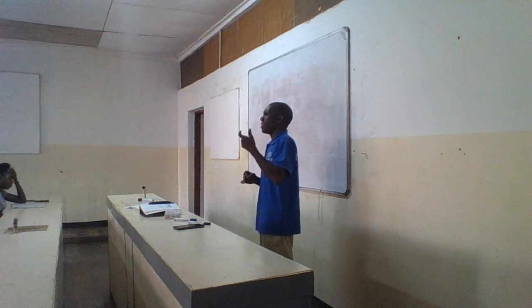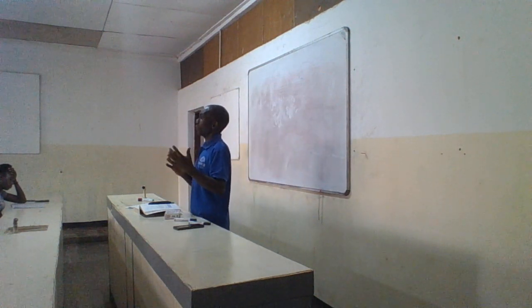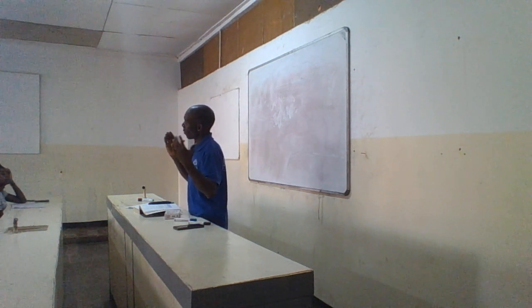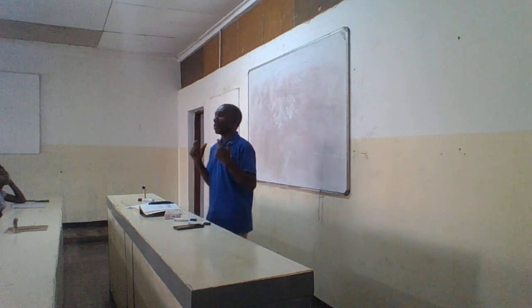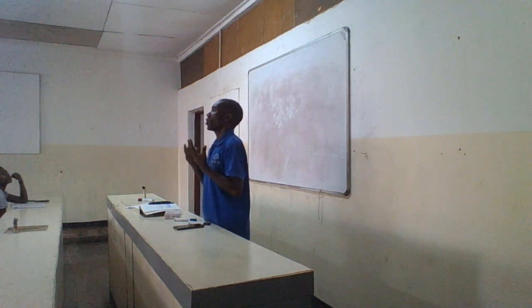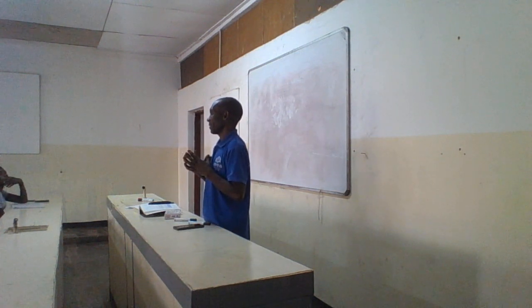So reliability is coming in because when the standard deviation is very small, if you are comparing two sets of data, you want to find out how reliable the data is.